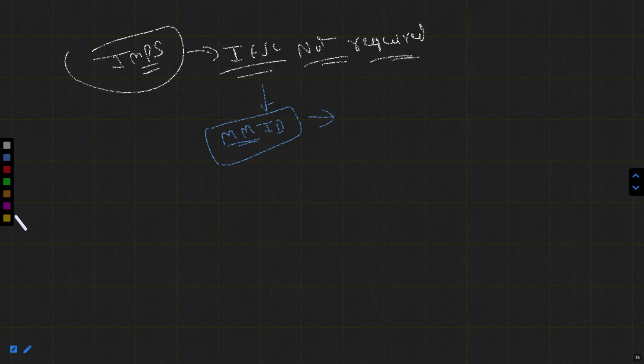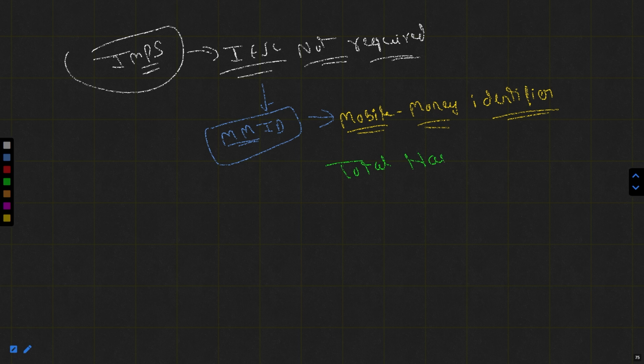So basically, if we talk about the full form first, the full form is Mobile Money Identifier. Second, it has a total of 7 characters. Third, three ways of obtaining it.